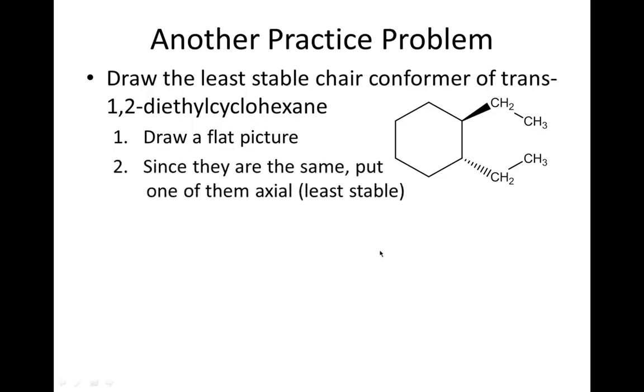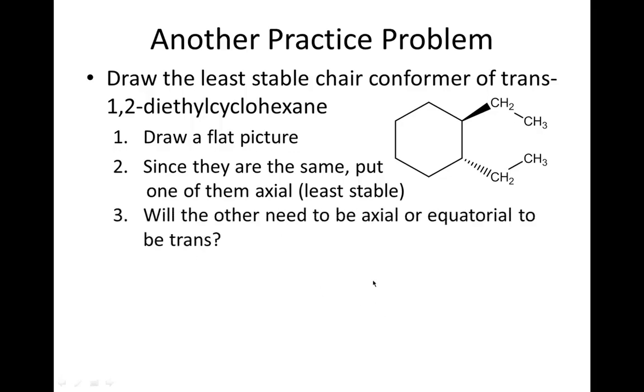Since they're both the same thing and I want least stable, I need to put one of them into an axial position. So we'll start out drawing that, and then we'll have to decide whether the other one will be axial or equatorial in order to achieve trans.